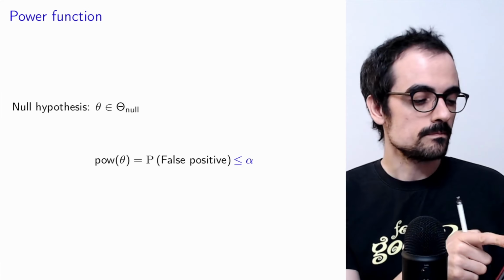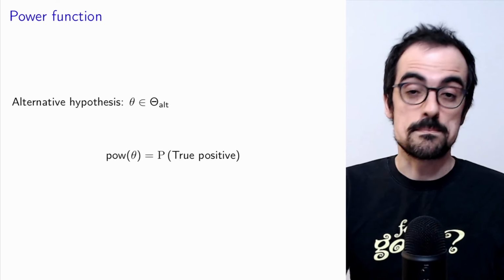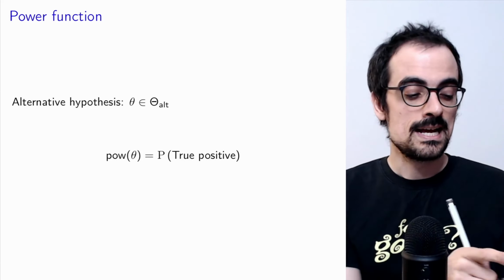More interesting is the case where the parameters are within the alternative hypothesis, that do not belong to the null hypothesis. For those values of the parameters, if we reject the null hypothesis, we have a true positive. For those values, the power function gives us the probability of a true positive, and this is what we want to maximize. This is the power.